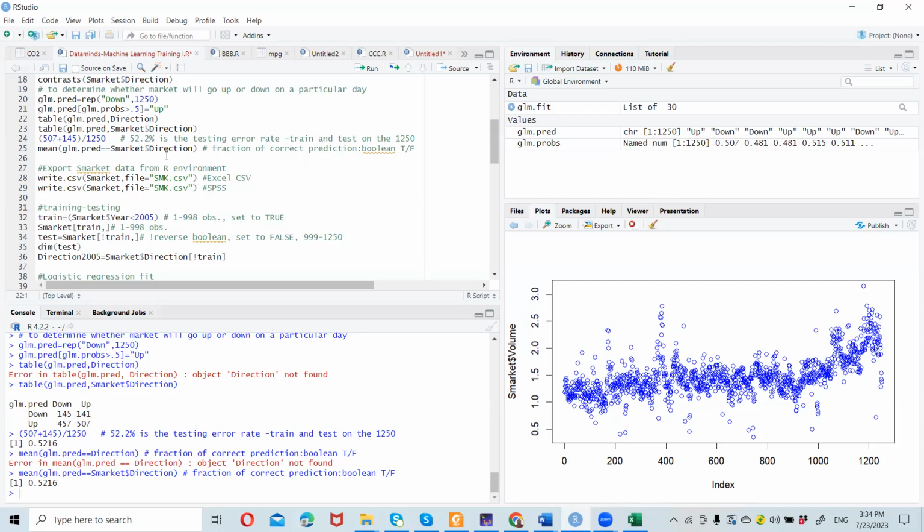Now, before we proceed, I mentioned something about exporting data from this environment. If you copy and paste line 28 there, it's because the data we are using is from R itself.